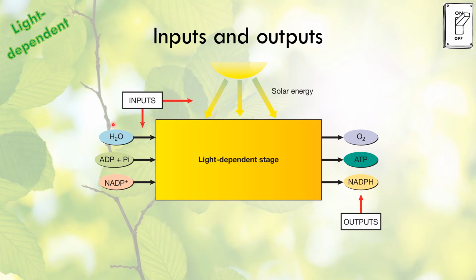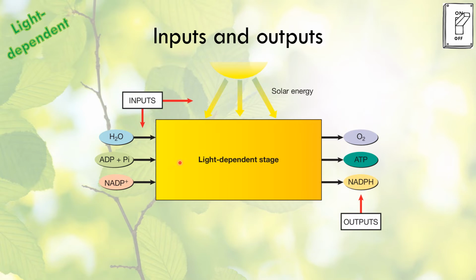We've got our inputs. We've got water. We've got ADP, so unloaded ADP and a phosphate. We've got NADP plus, unloaded. And with the energy from the sun, we are able to then split the water into oxygen. We pinch those hydrogens and they get attached to our NADPH.